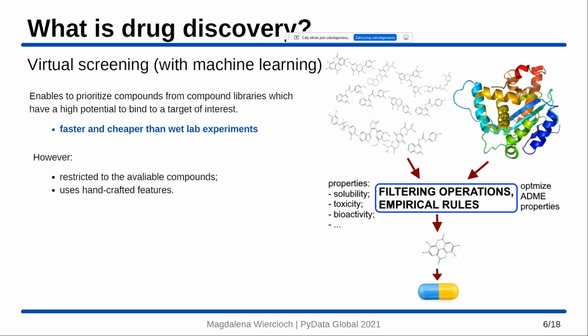As you can see, it consists of narrowing down an initial large library of compounds to a considerably smaller final set of hit compounds, which are then tested experimentally in vitro to confirm their biological activity.